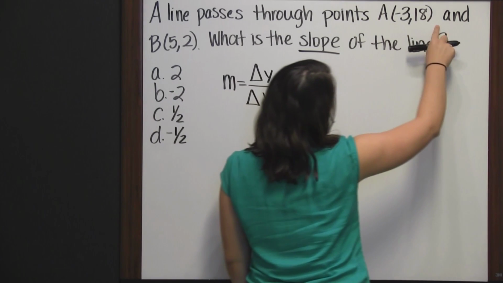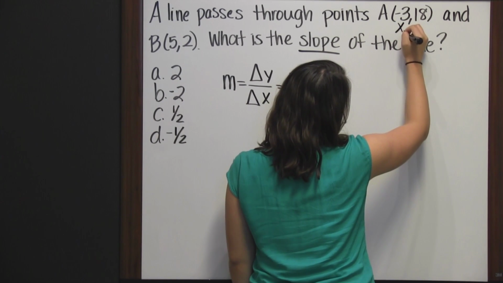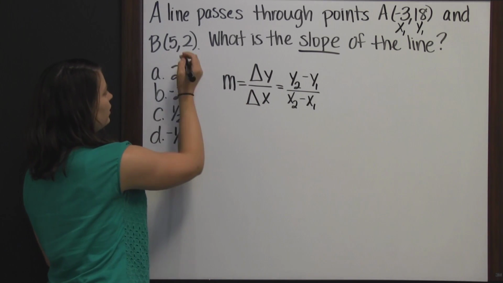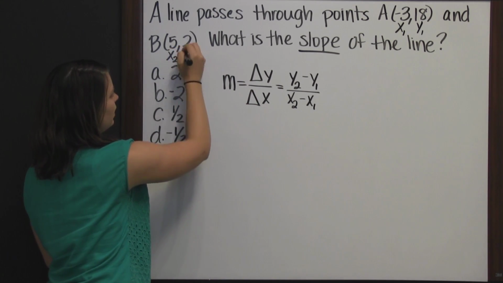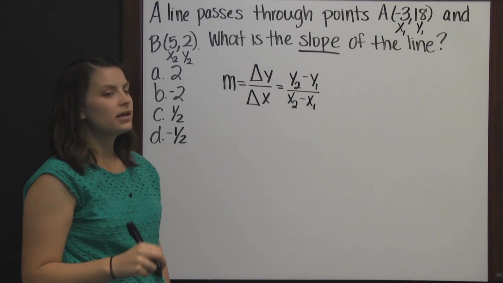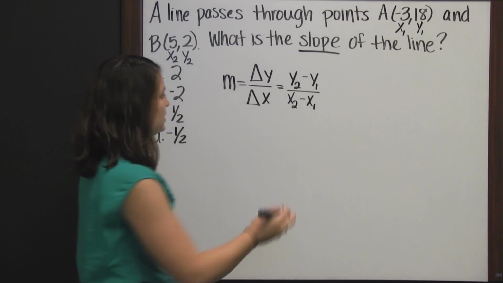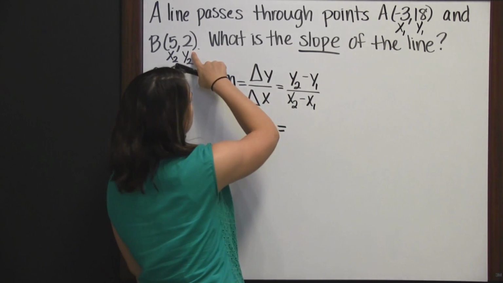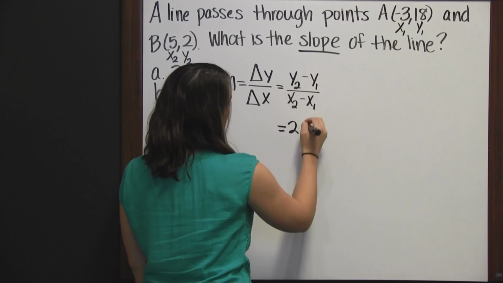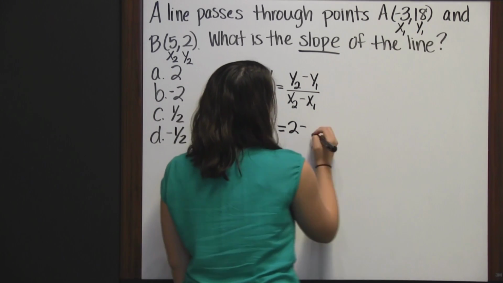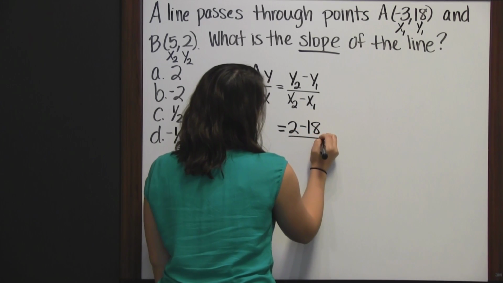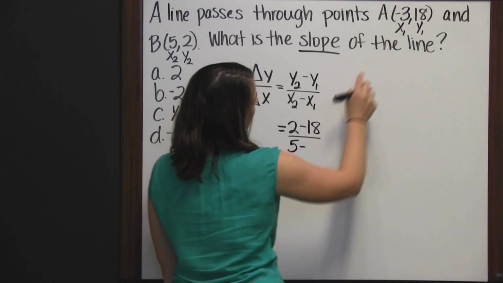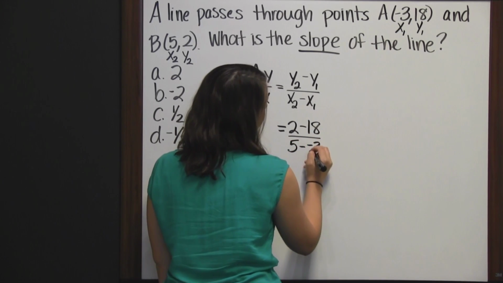So this first point, this would be our first x and our first y. And then our second point here, B, would be our second x and our second y. And now that we've labeled, we just need to substitute. y2 is 2 minus y1 is 18 divided by x2 is 5 minus x1 is -3.